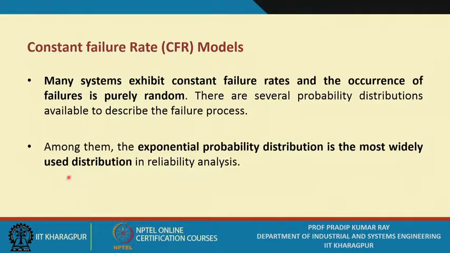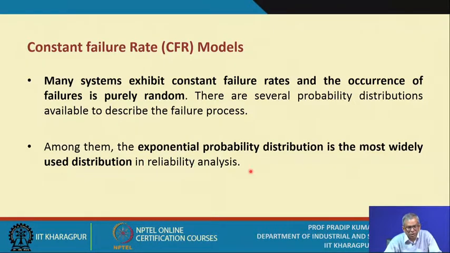So what we are saying is that when you refer to different kinds of data sets, you may come across different kinds of probability distributions to describe the failure process. Among them, the exponential probability distribution is the most widely used in reliability analysis. It's a single parameter distribution you are all aware of, and the exponential probability distribution is a particular case of the Weibull distribution.